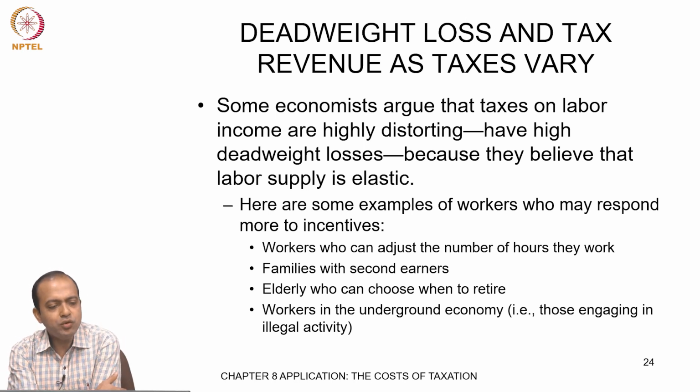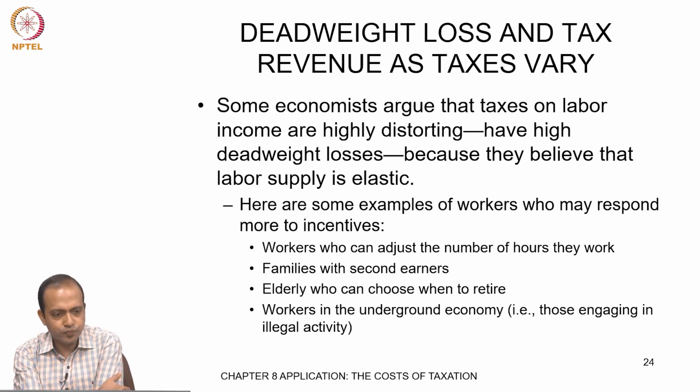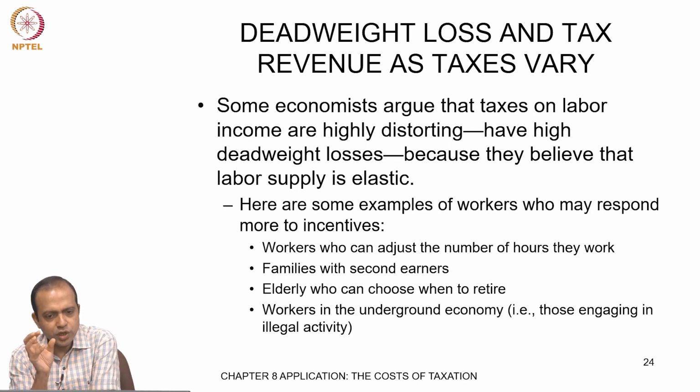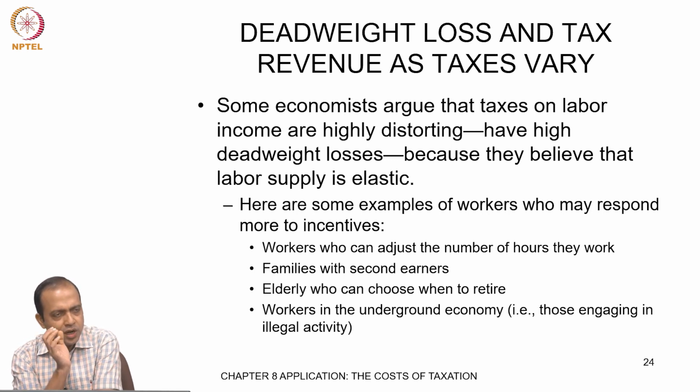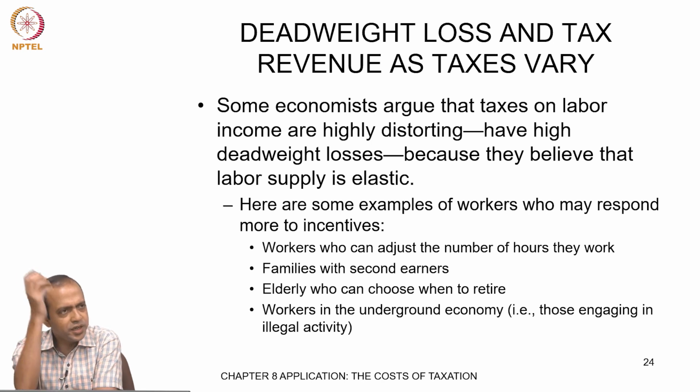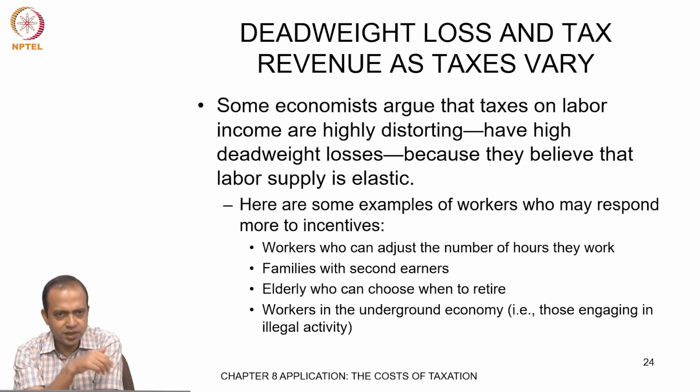Now, what is happening to government revenue? If you increase the tax, whether tax revenue will increase monotonically, or will it first increase and then decrease? What will happen to tax revenue? Some economists argue that taxes on labor income are highly distorting.